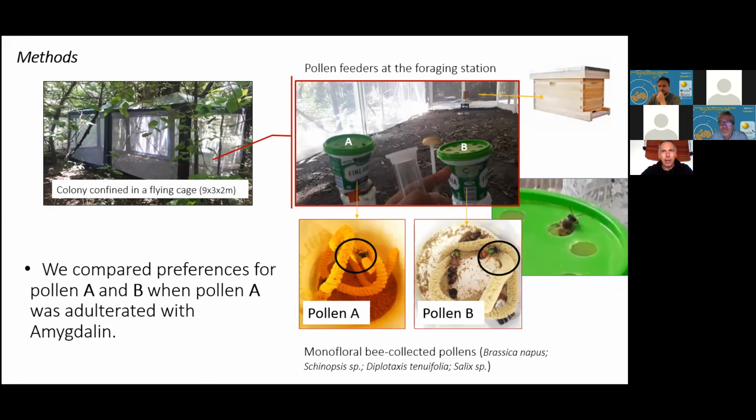So we prefer not to use pollens considered, for example, as good quality because of high protein content, but just to keep 2 known pollens and modify the quality by the addition of some substances.